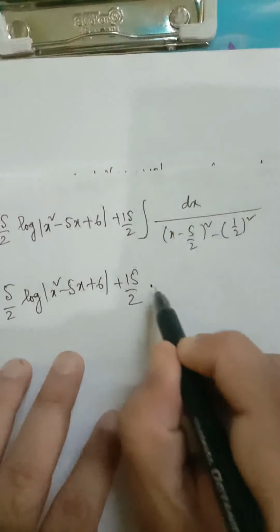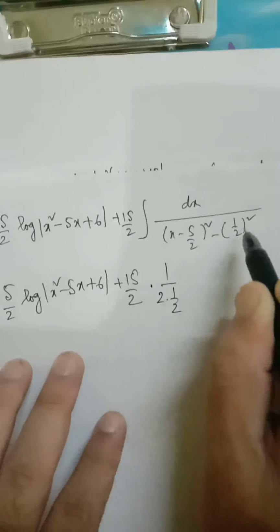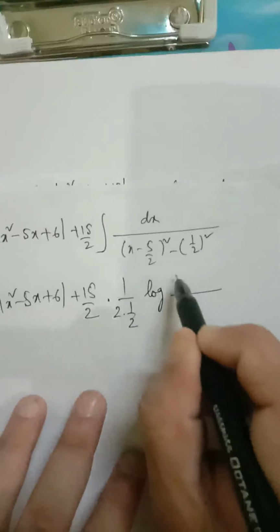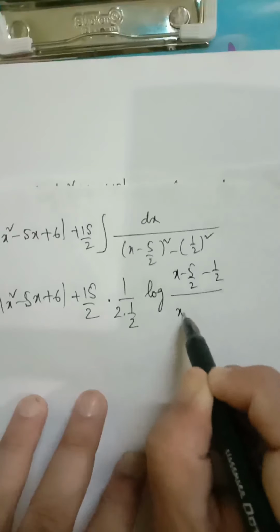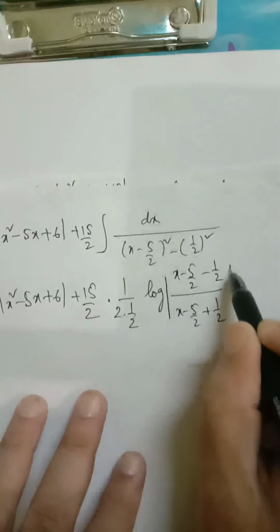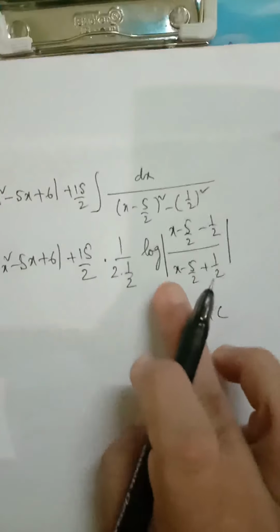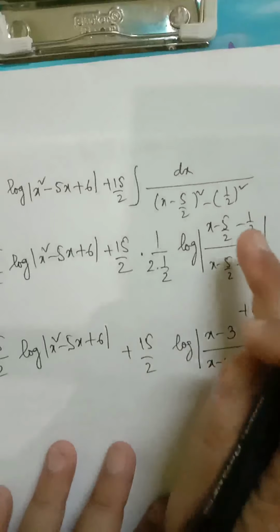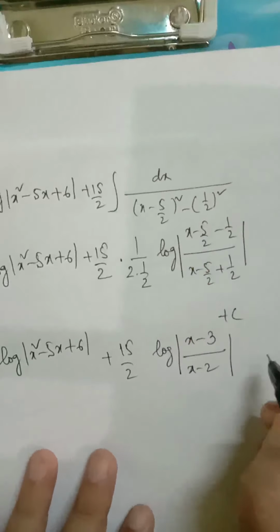Its integration will be 1 by twice of a, that is twice of half, log of x minus a by x plus a. And now just have to simplify here. So simplifying, we get this equal to log of x minus 3 by x minus 2.